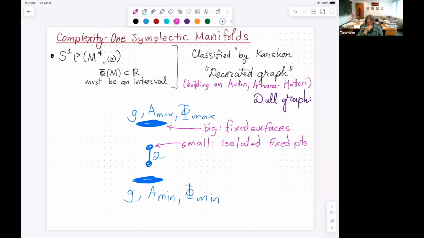So the data that you need to remember, this is basically what Carchon classifies. These decorated graphs have labels that tell you about isotropy weights. The big vertices have labels that tell you, so these are fixed surfaces, these have certain genus. They have a symplectic area.